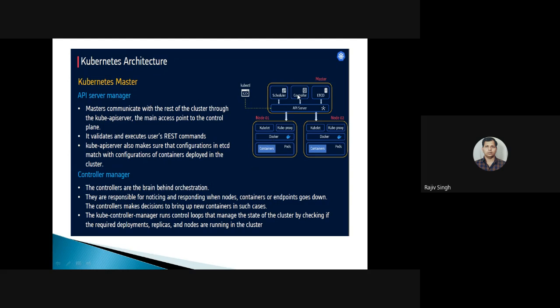So there is a mismatch. The controller gives instructions to the API server that the actual state and the required state are not equal, so ask the scheduler to schedule a pod. The API server will give the instruction to the scheduler to schedule the pod. Then one pod will be created and the actual state and the required state will be equal. So this is the responsibility of the controller.